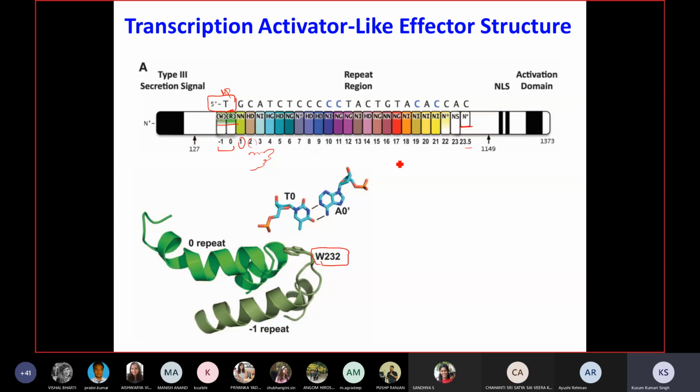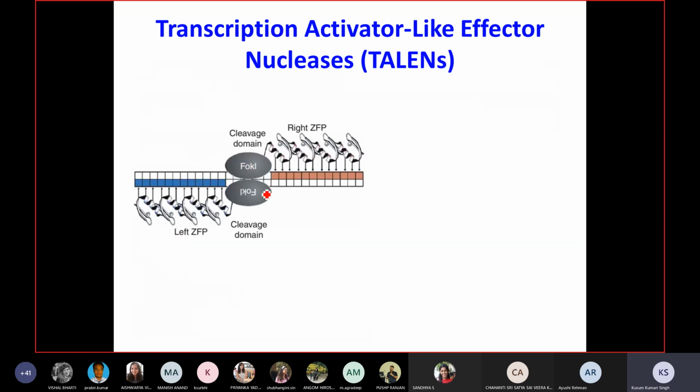So with this, now you have a protein that has a very simple code. Now, like you have the FokI domains, for example, this is an example of your zinc finger protein, which was linked with your FokI cleavage enzyme. With the binding of the cleavage enzyme, it becomes zinc finger nucleases, right?